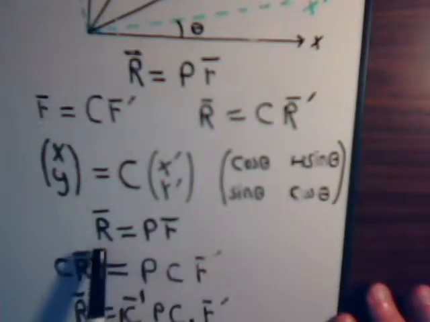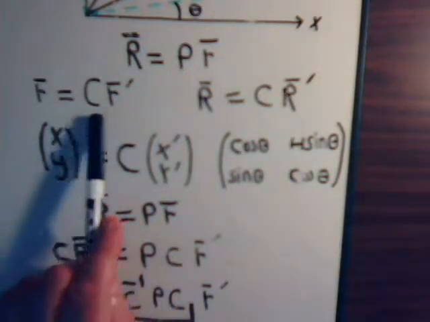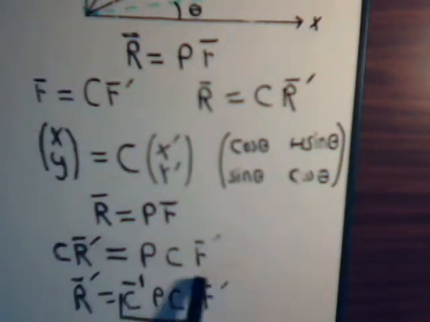We have this equation where large r is this, so we substitute that in, and that equals the matrix P times small r, but small r is this. So we write that in here.